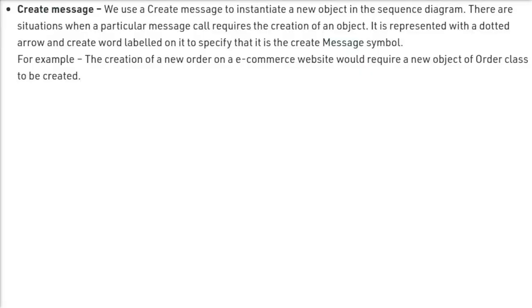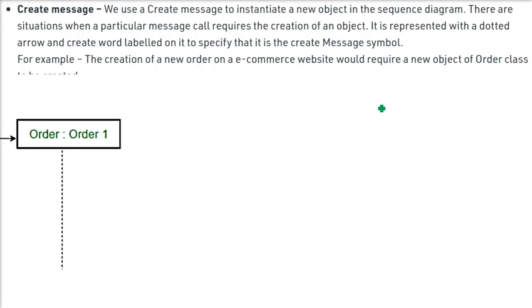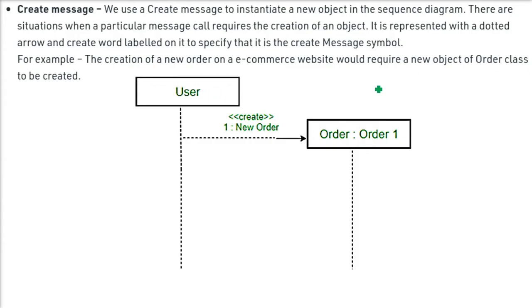Coming to the create message. Sometimes you want to create an object in between. You don't always have all objects at the start. So we use this create message to instantiate a new object in the sequence diagram, because these are objects. We have already seen that these are different objects with lifelines, but not always are these objects created in the initial stages.